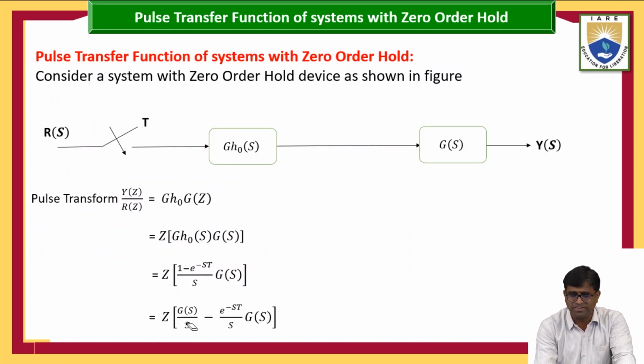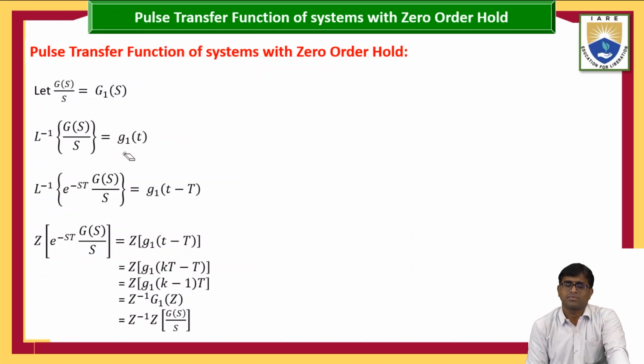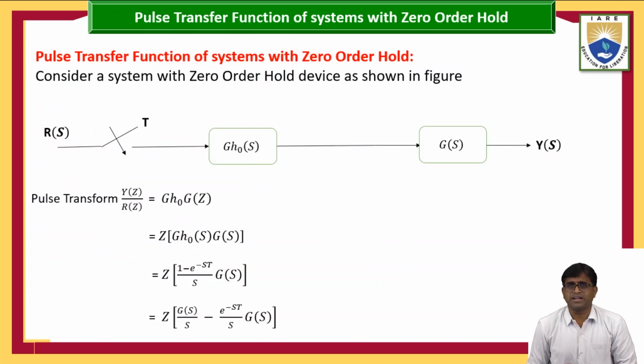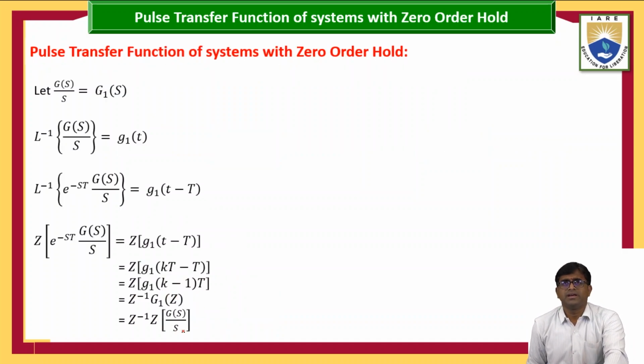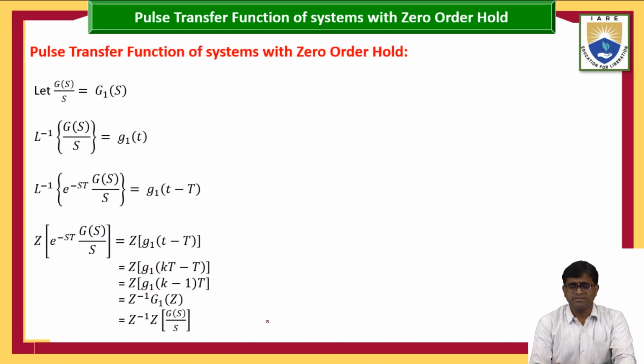What is the first term? G of s by s. For this one, the inverse Laplace transform is G1 of t, since I am taking G of s by s as G1 of s. So the first term gives G1 of t. Coming to the second term, what is the inverse Laplace transform?